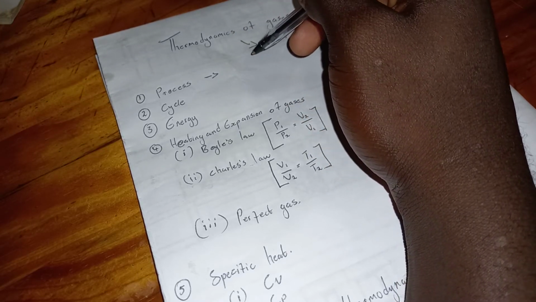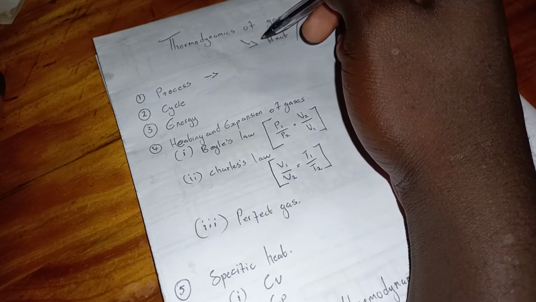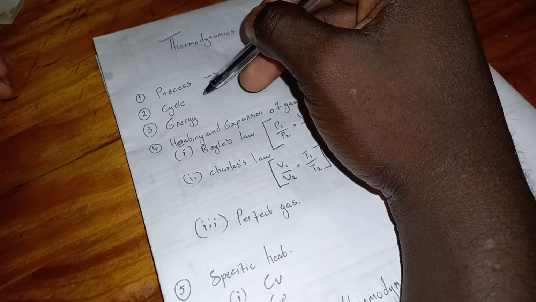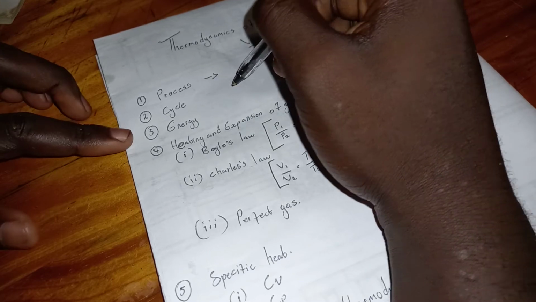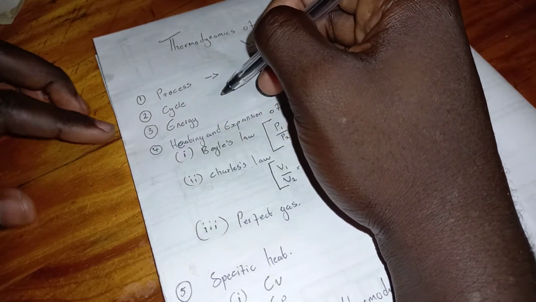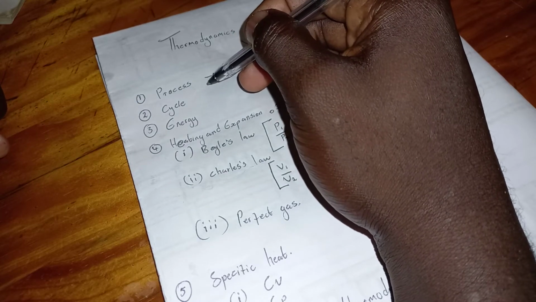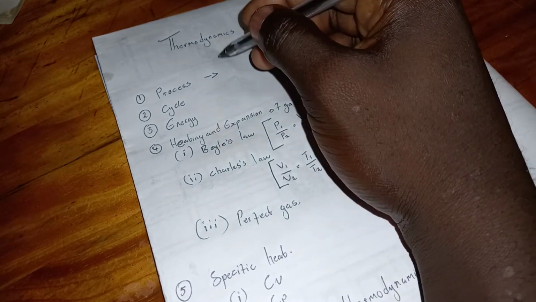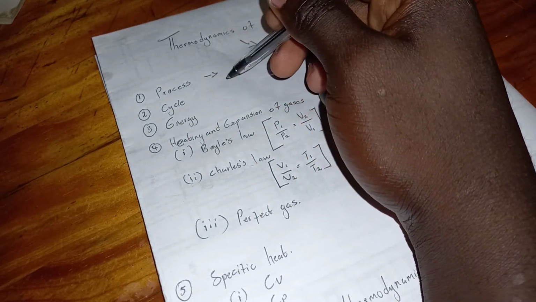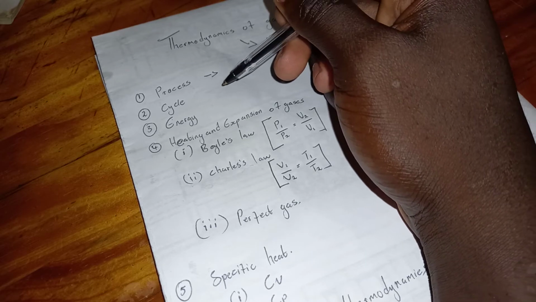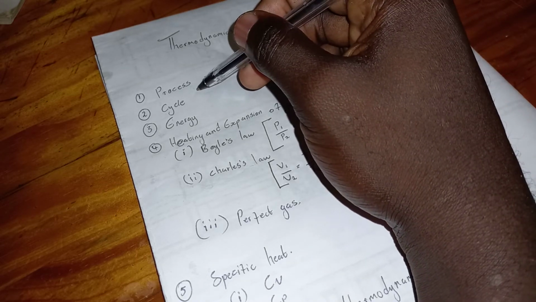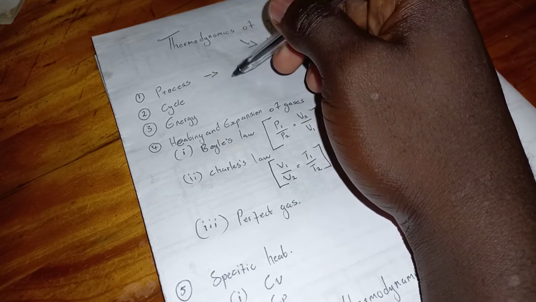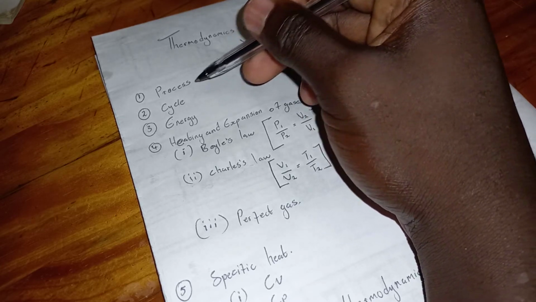There's a step by step that you need to take to undergo a certain process. And for a cycle, we are talking about the repeating of the process. So if you are changing a gas repeatedly, it's a cycle.